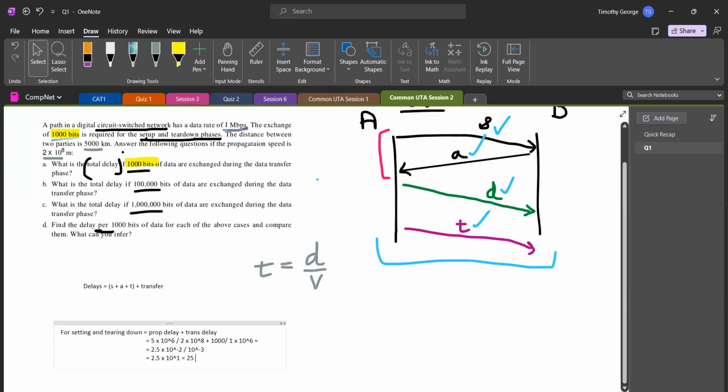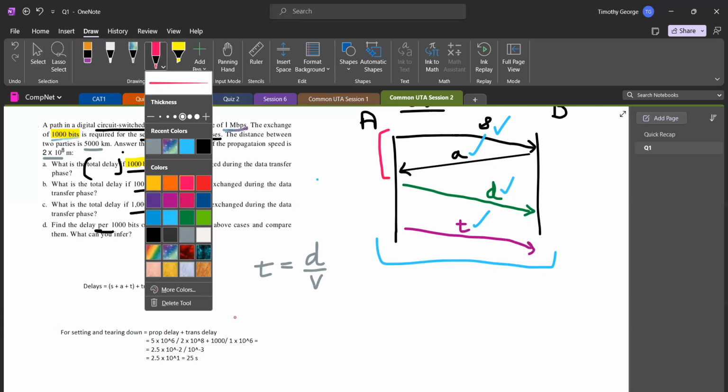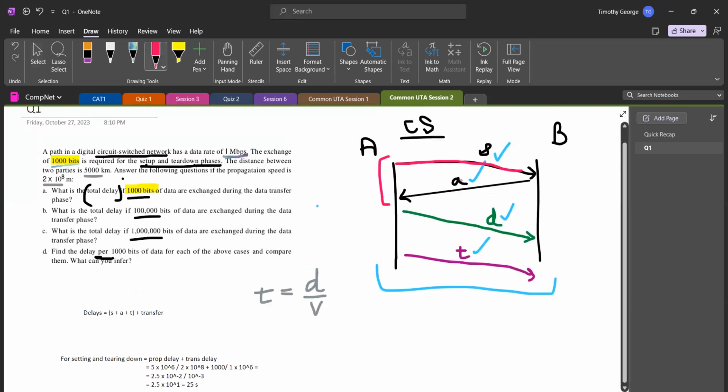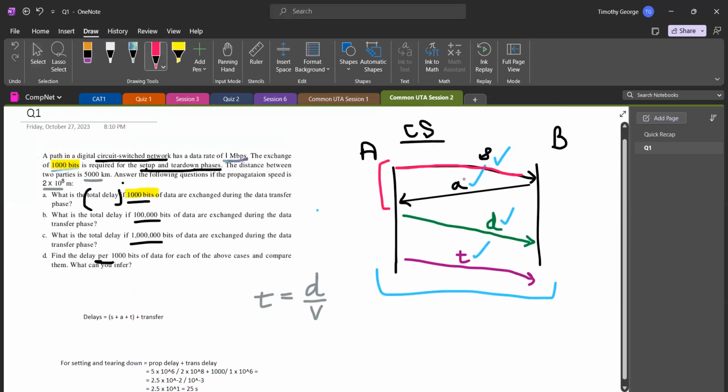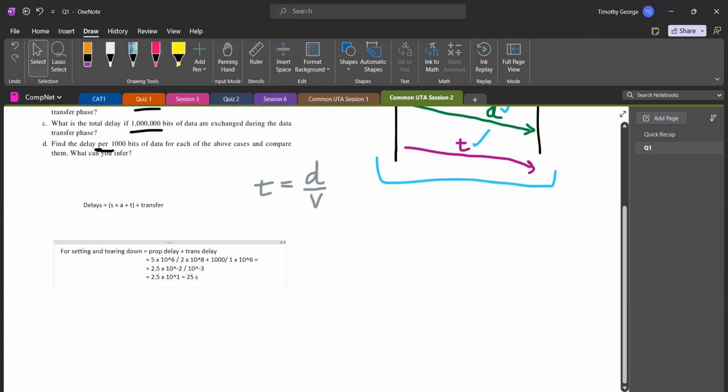So it's seconds. What did we just calculate? We calculated propagation delay plus transmission delay, which is for one journey from A to B. But we have 3 journeys: S, A, and T. It's not exactly setting up; it's a network transfer, not a data transfer.